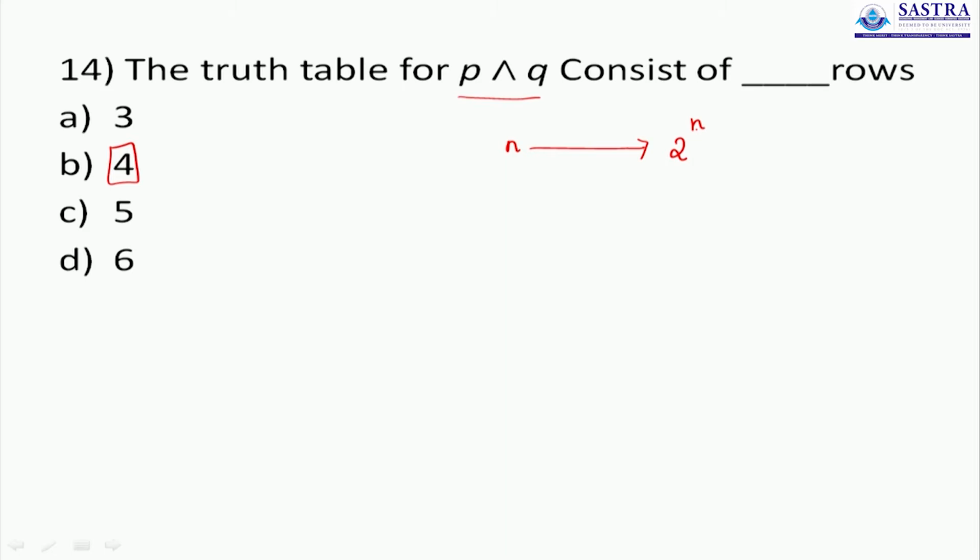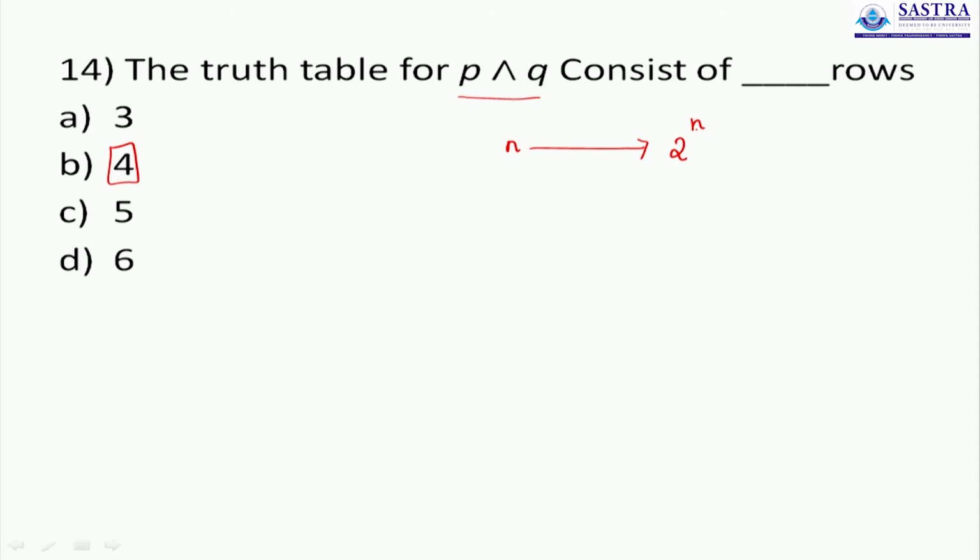Now we have seen examples where we have combined 3 different statements and we have had a truth table having 8 rows. We have not discussed the 4 statement case, but even if we discuss the 4 statement case, you will have a truth table containing 16 rows.